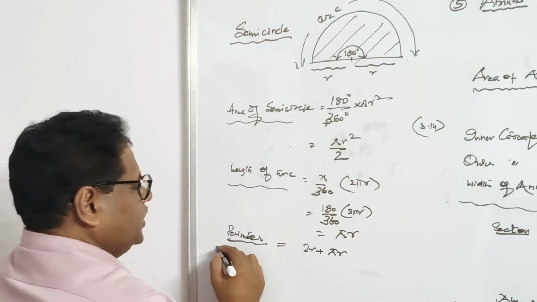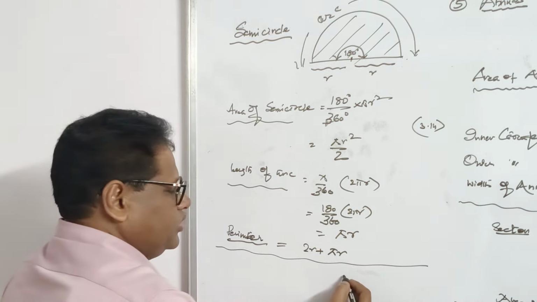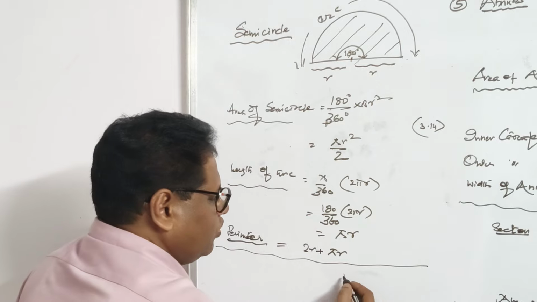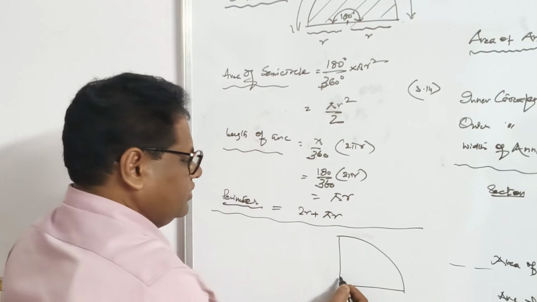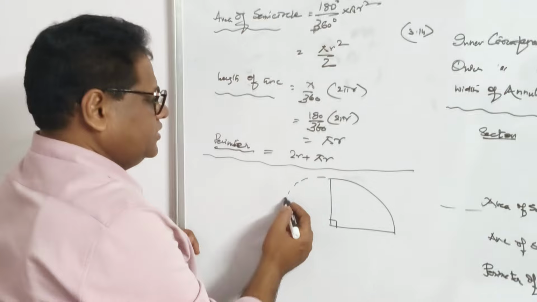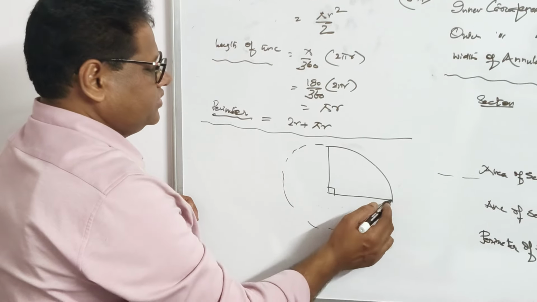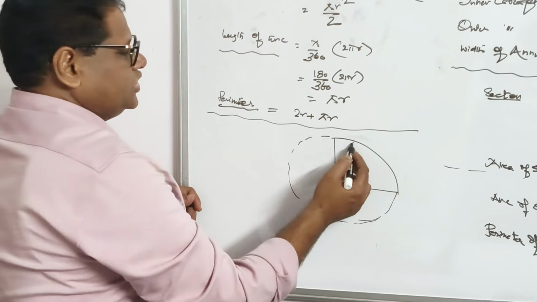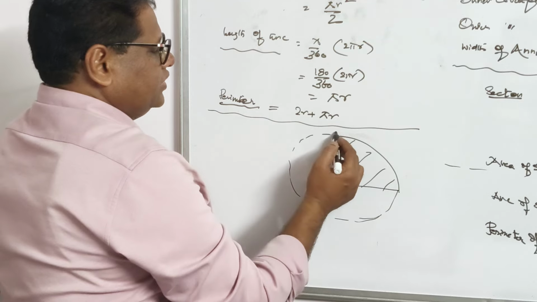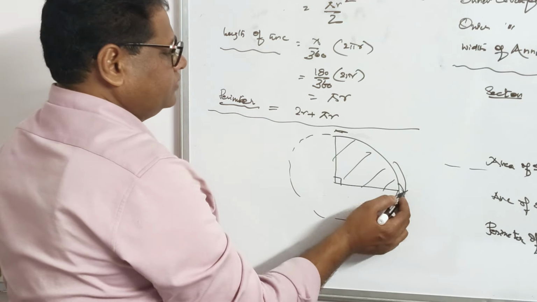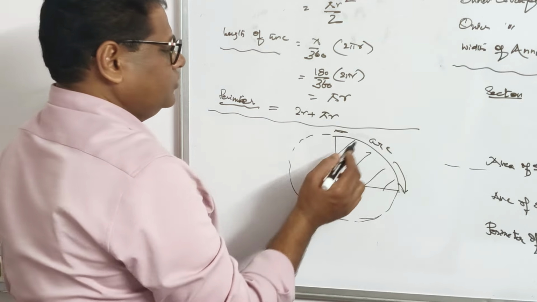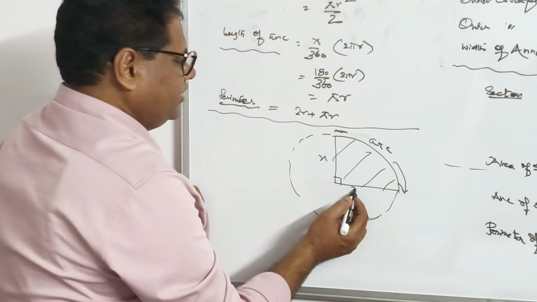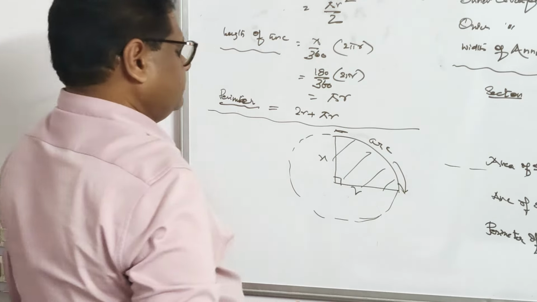Now we are coming to discuss about the quadrant. Quadrant is 1/4 of a circle, because a circle has 4 quadrants. So this is one quadrant. This is the length of arc. And these are the two radii which are closing this.